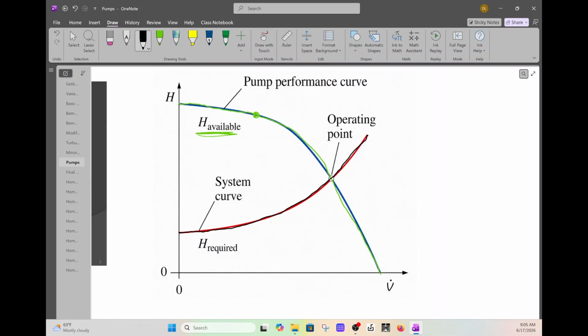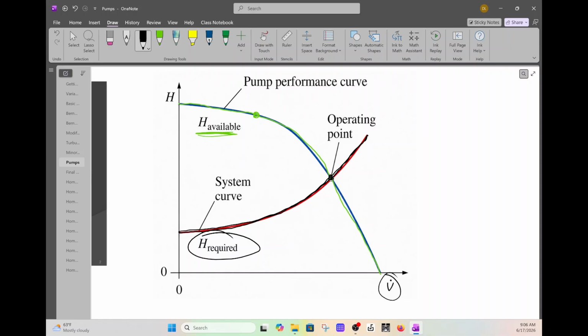Okay, so it's your system. So you have a system that has 20 feet of pipe, and it has 5 elbows, it has a valve, and you can calculate this. We've been doing this with the modified Bernoullis. So you plot this based on volumetric flow rate. Okay.